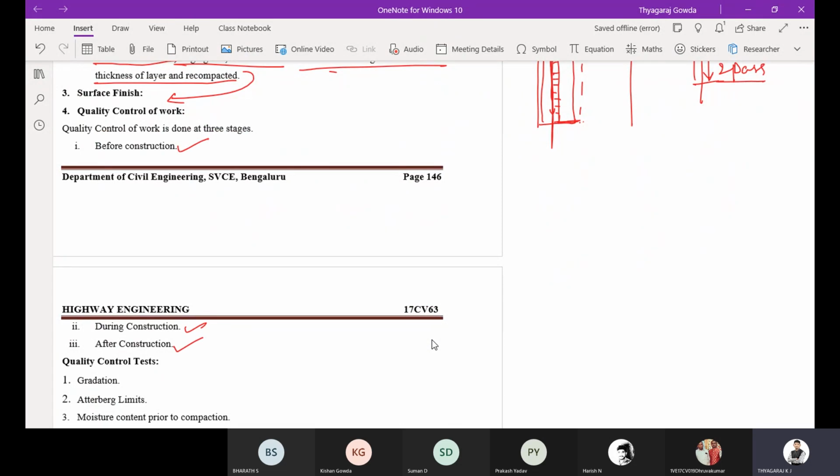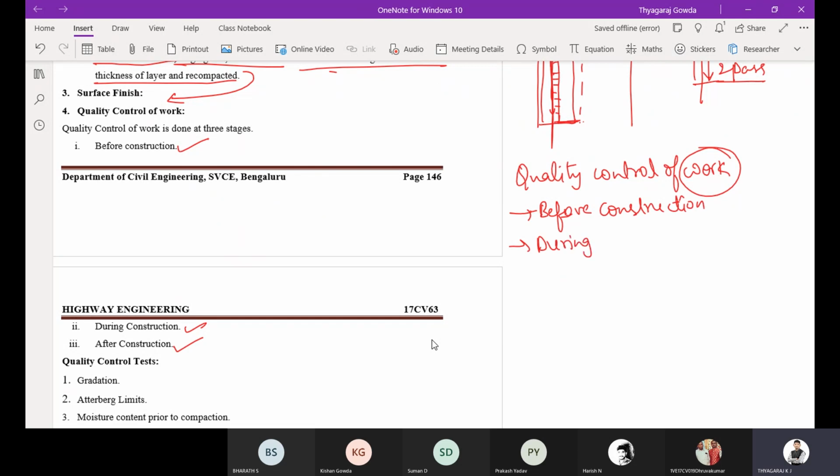Remember carefully in the exam, if they ask for quality control of work, you have to write before construction, during construction, and then after construction.